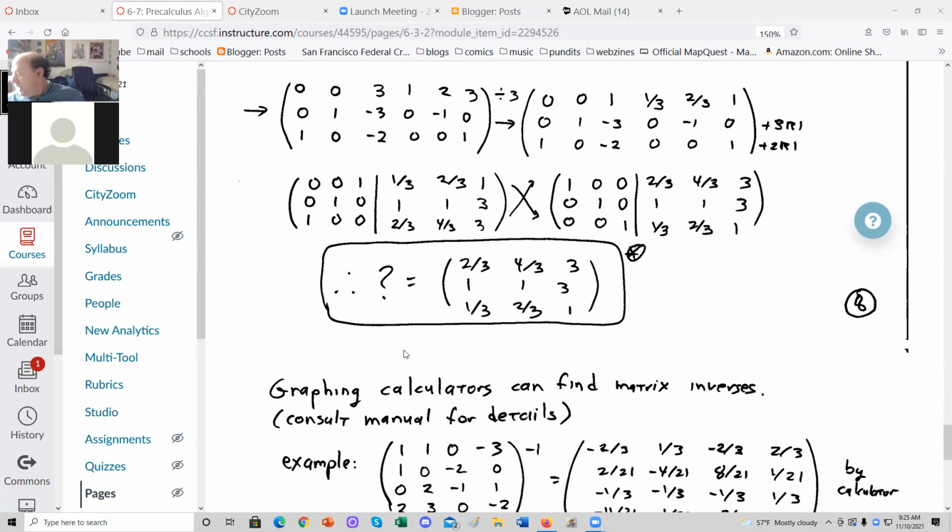The graphing calculator, calculators such as this, say, has a matrix menu in which you can enter matrices and add, subtract, multiply them, and also find their inverses. Very convenient. Certainly it avoids all the troubles here.